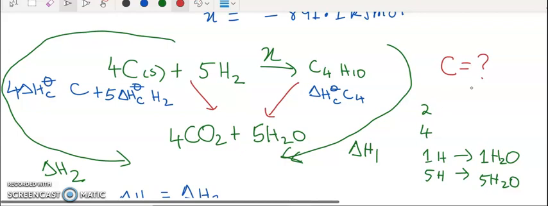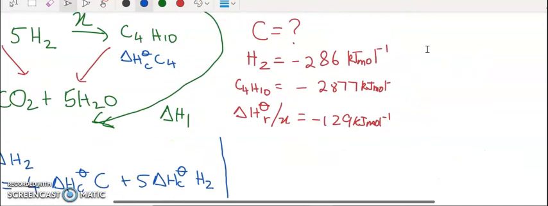Now, they've not told us what carbon is, but they've told us what H2O is, what butane is, and what the standard enthalpy change of reaction or formation is.